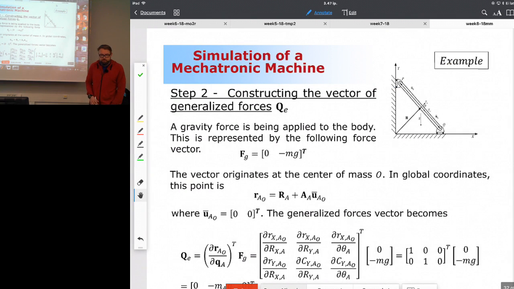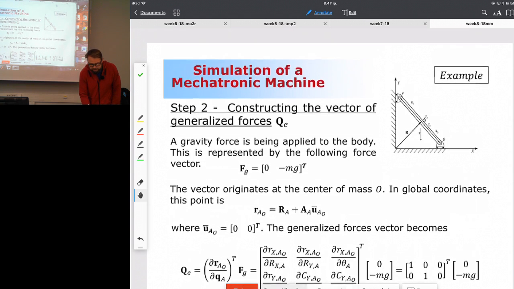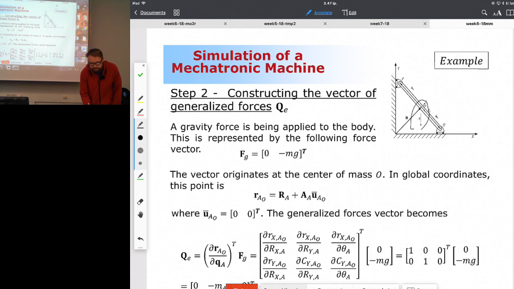Okay, step number 2, exactly the same as in the case of augmented formulation. We're going to construct the externally applied forces. This time the only force applying here is a gravity force in this location. It can be expressed in global coordinates as it is shown here. In global coordinates the components are 0 and mass multiplied by gravity constant in the minus direction. We first have to look where the force is applying. It's applying in the origin of the body reference coordinate system, and because of that, vector u bar will be equal to 0.